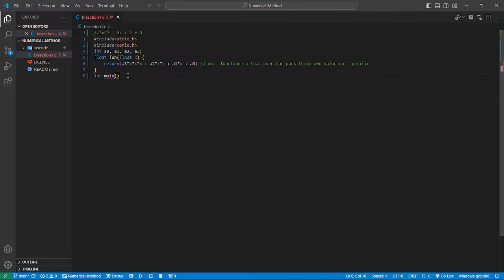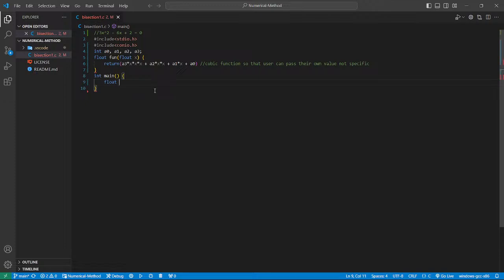In the main function I should create some more things. I'm also using float, because this is a numerical method and the answer can be a float.